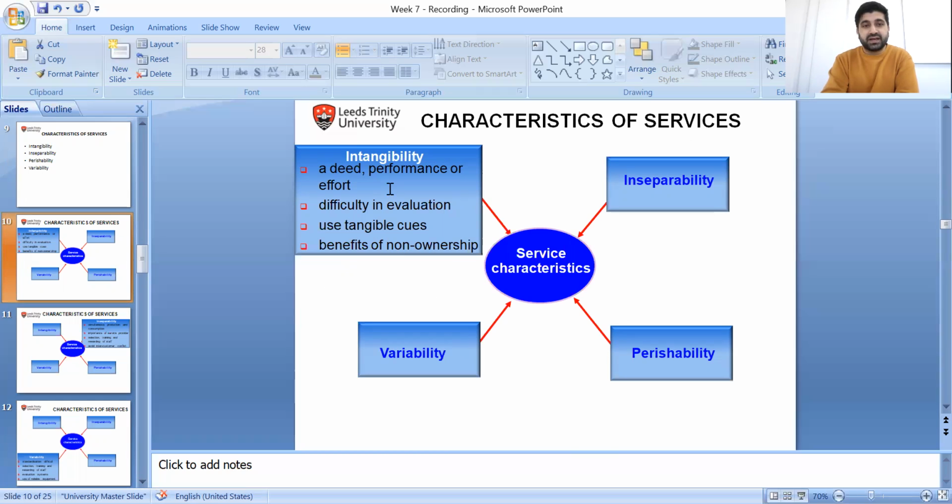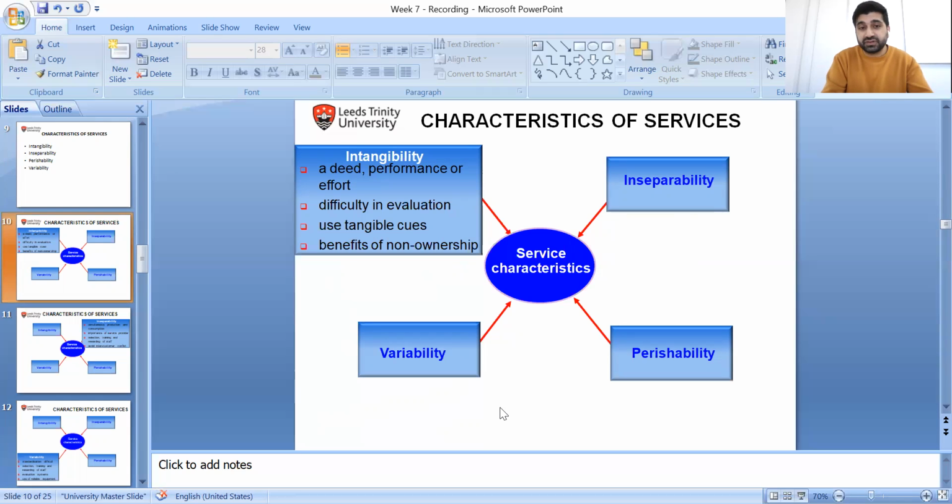Number one, let's talk about intangibility. Intangibility is basically a deed, performance, or effort. So a service is the name for performing something, providing effort in some activity. Difficulty in evaluation: services are hard to evaluate.